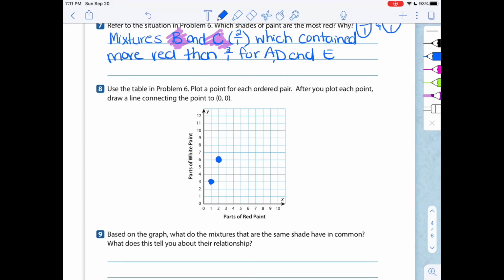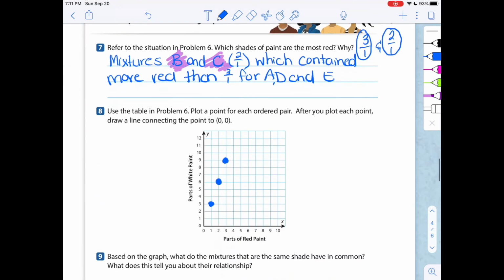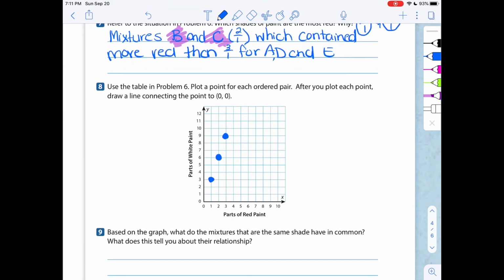And again, this is from our table. And then the next one I'm going to plot is 3 parts red to 9 parts white. And again, all of this is from our table in number 6. And I'm going to connect those, going through the origin at 0, 0.